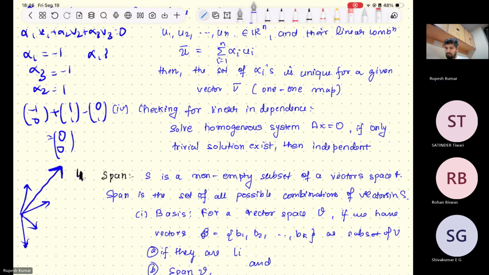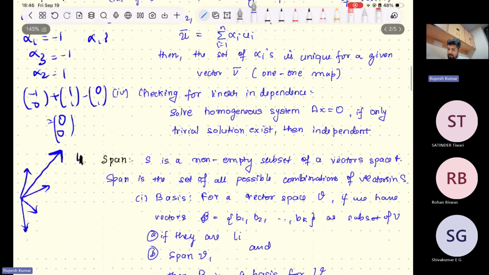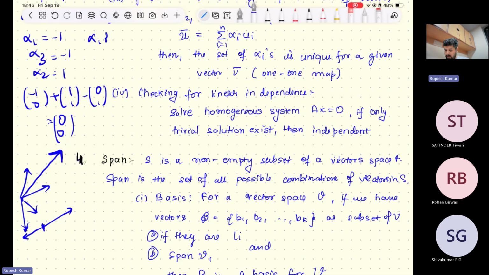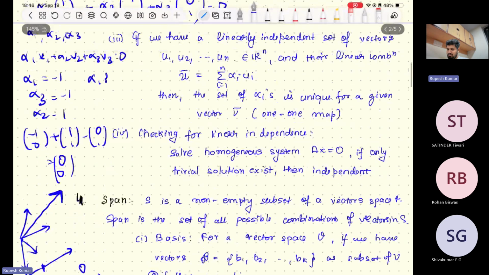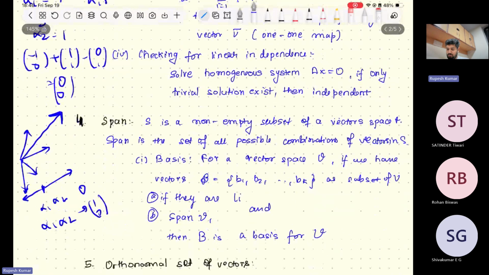But if you have one vector like this and another vector going in the opposite direction, then you can have multiple values of alpha 1 and alpha 2 that give you 0, or multiple alpha 1 and alpha 2 that give you the same value, let's say (1, 0). Do you agree? Is this clear? I'm just giving more intuition on this.